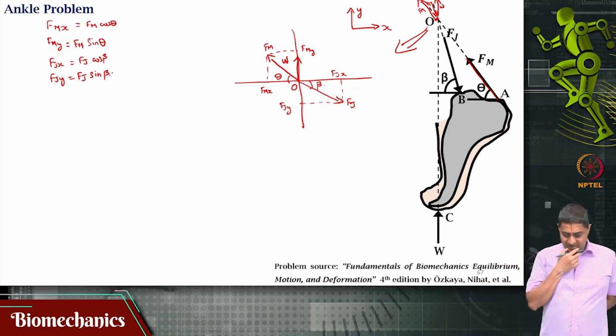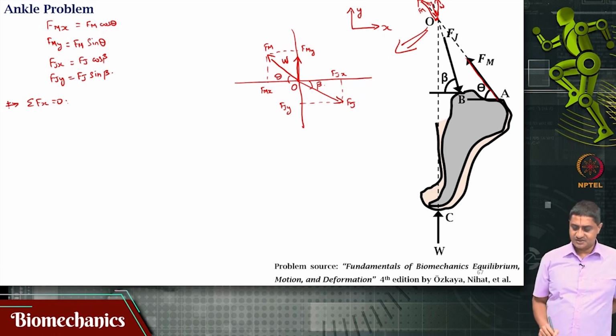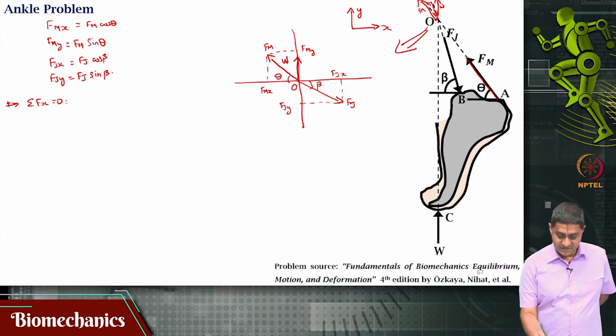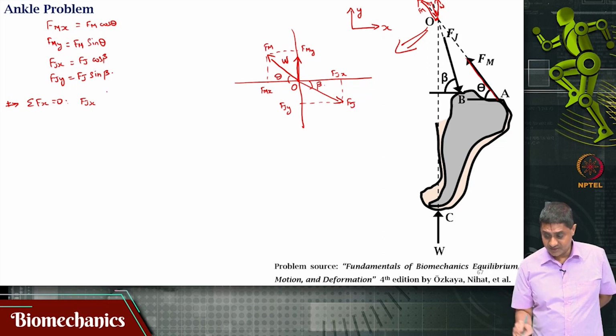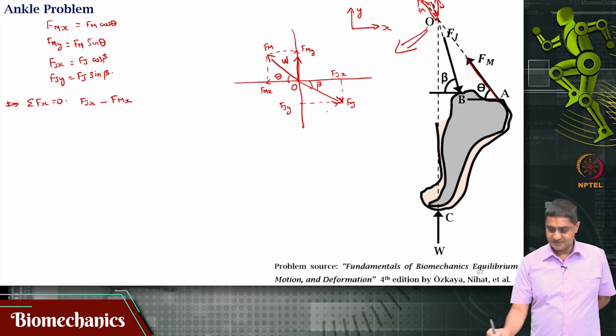Now, I can say sigma Fx equal to 0, right, going forces is considered positive. Now, if you say sigma Fx equal to 0, what do we get? Fjx is going toward the right and Fmx is going towards the left, minus Fmx, because this is Fmx and this is Fmy and this is Fjy, and this is Fjx.